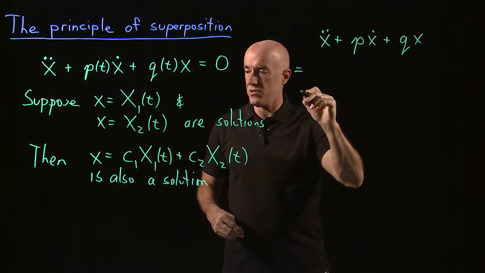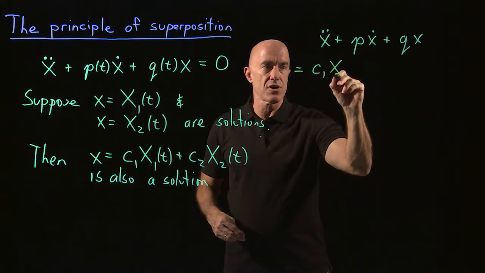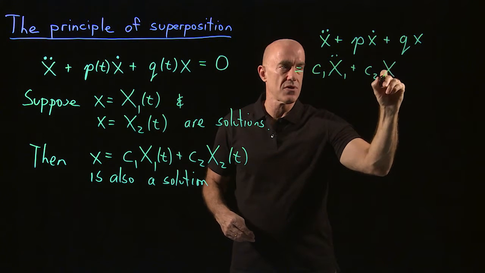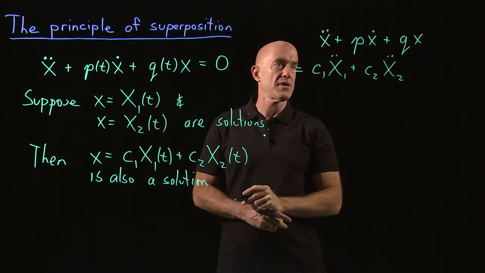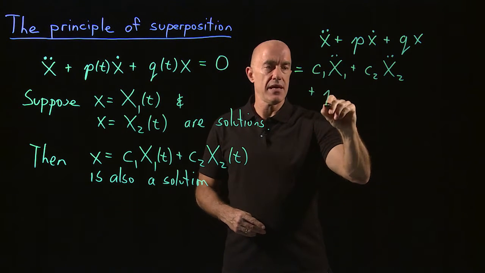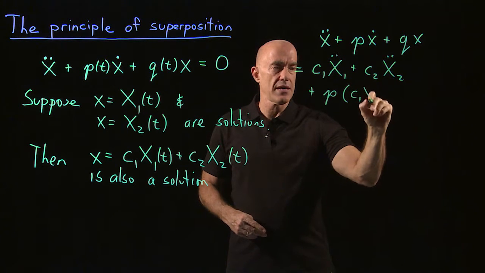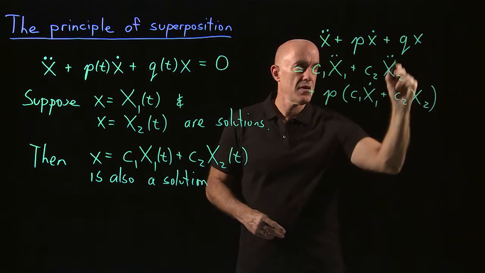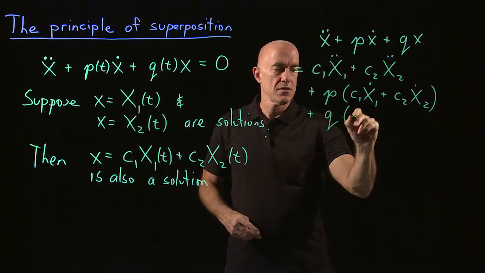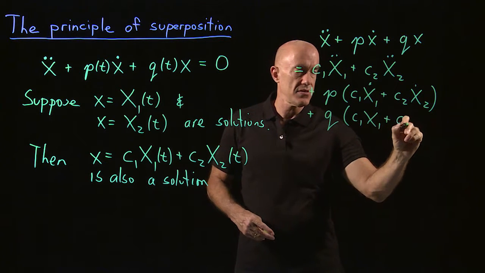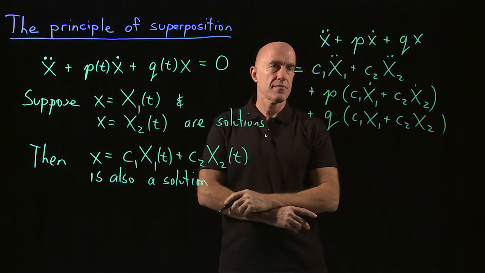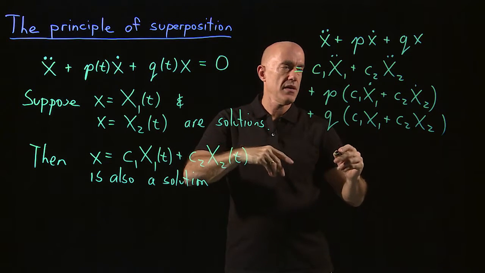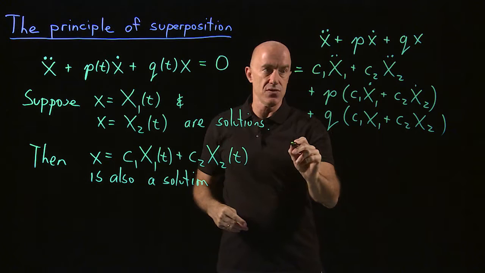So this is equal to c1 times capital X1 double dot, plus c2 times capital X2 double dot, from the x double dot term, plus p times c1 x1 dot plus c2 times x2 dot plus q c1 x1 plus c2 x2.